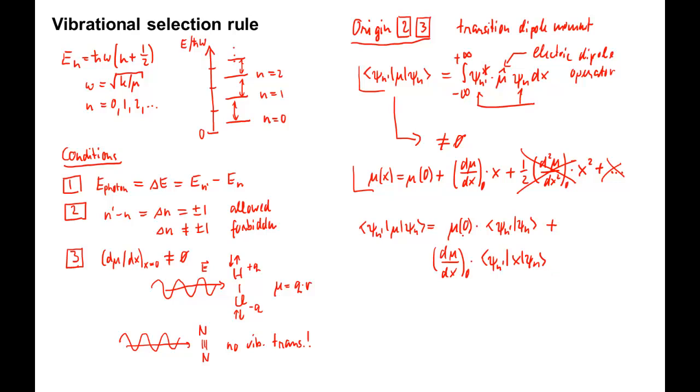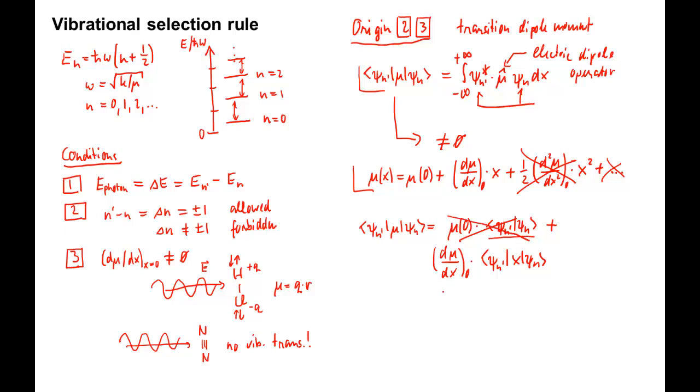I've pulled mu 0 and the derivative out of these two integrals, since both these factors are independent of the integration variable x. Now, the first term contains an overlap integral between two orthonormal wave functions. It is 1 if the left and the right wave function are identical, but it is 0 if the two are different. So since we're looking at transitions, which are automatically between different levels, this entire expression is 0, and we can drop it.